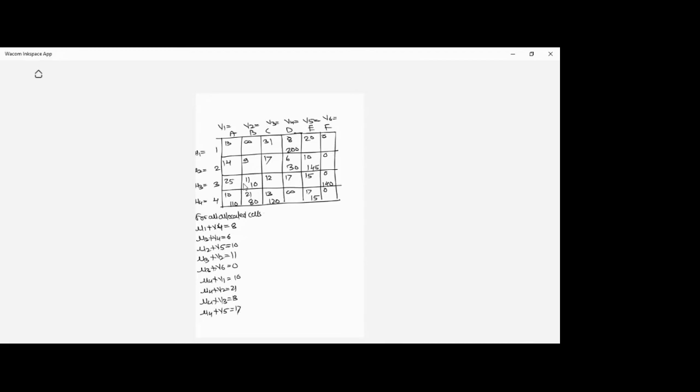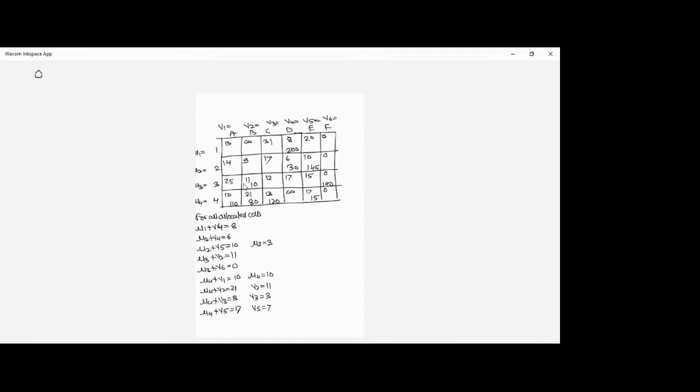Right? So what we are going to do is put v1 is equal to 0. Therefore, u4 is equal to 10. If u4 is equal to 10, v2 is equal to 11. If u4 is equal to 10, v3 is equal to 3. If u4 is equal to 10, v5 is equal to 7. Using the same data upwards, if v5 is equal to 7, u2 comes out to be 3.